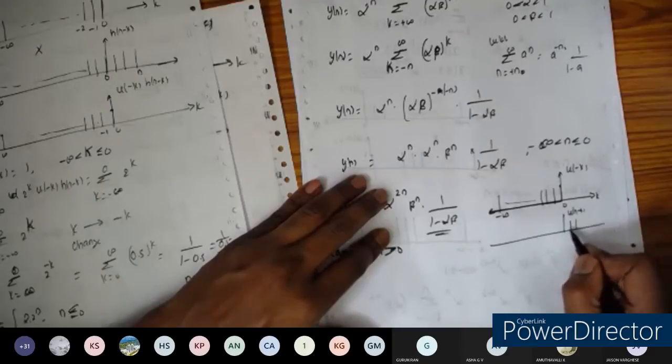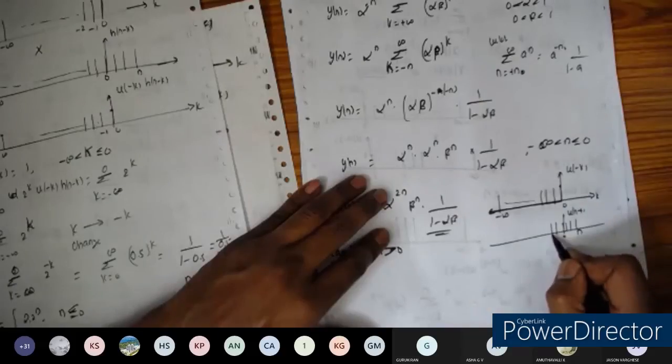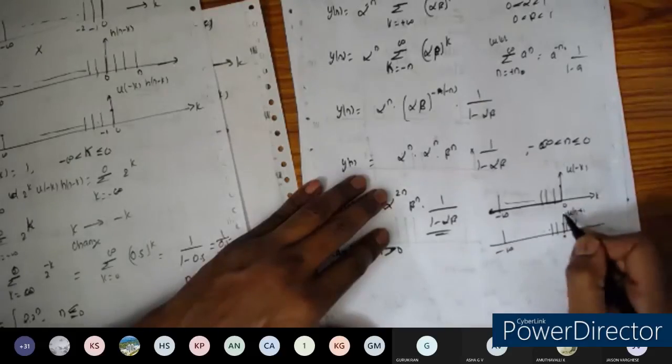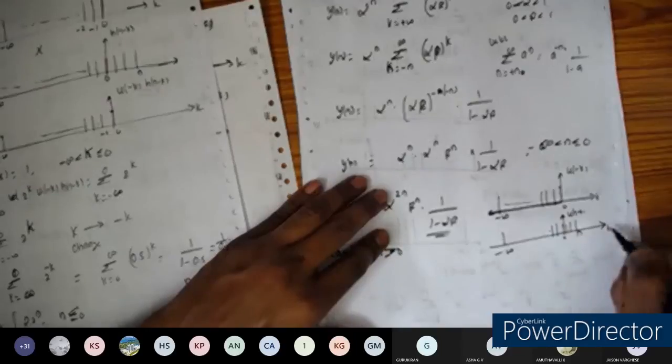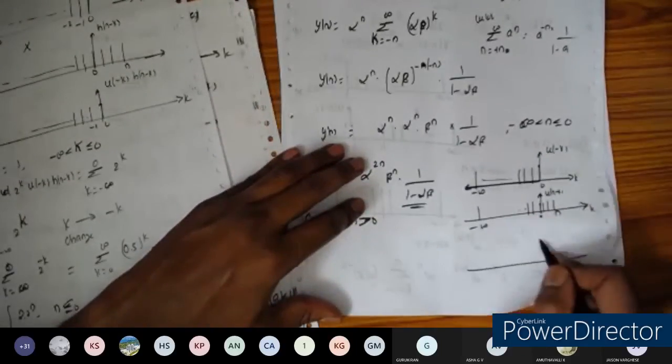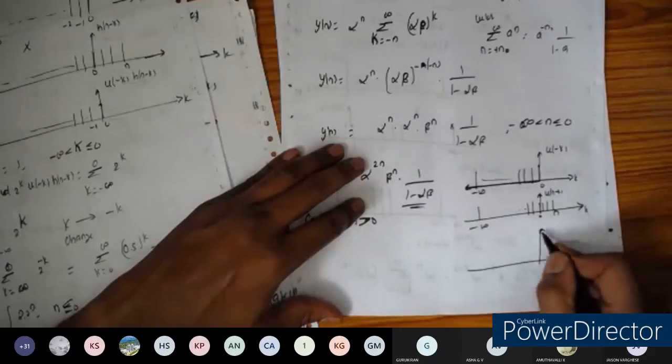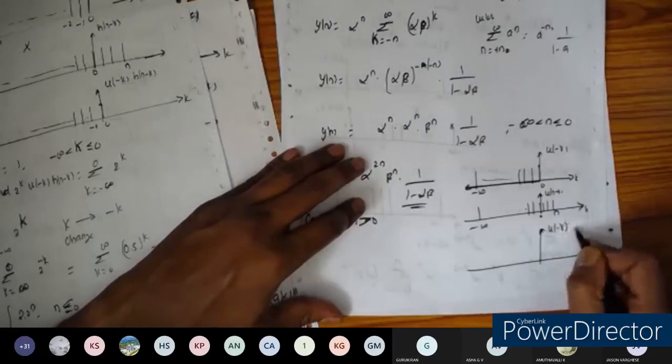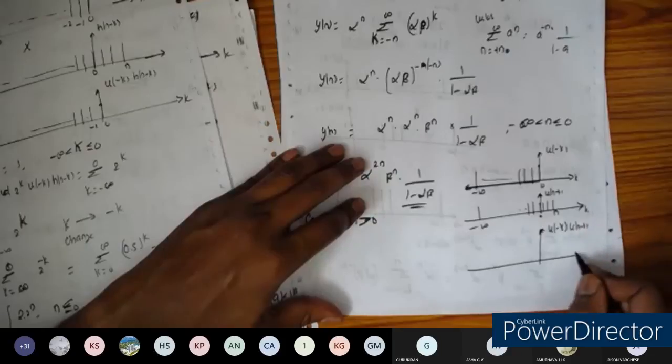So n can take the value greater than 0 here. Okay, so like this it will take here. So this is u of n minus k. When you take the product of this one, this is a product of u of minus k into u of n minus k.